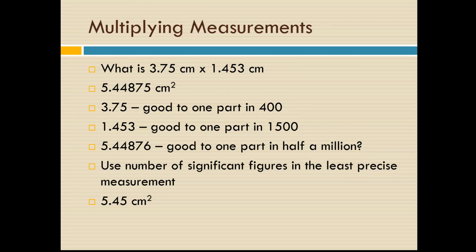Okay? Now, when you get up to higher level science and stats, there are certainly ways of measuring this uncertainty more precisely. That's where the plus or minus comes into play. But for right now, we'll just use the significant figures in order to carry over the precision, okay?